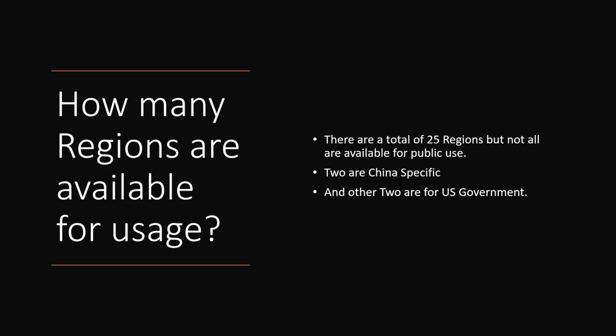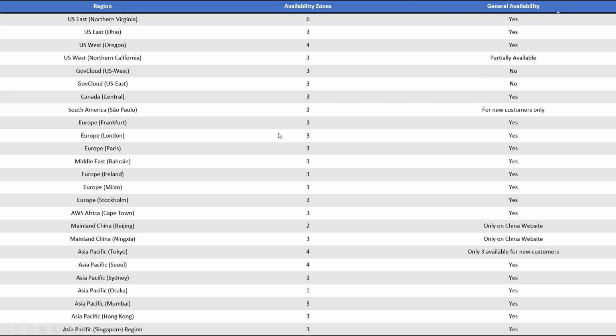In case you want to see how many regions are available to you, you can simply head to your AWS Management Console and see that there. These are the lists of AWS regions which you can have access to. There are a lot of regions, and there are the availability zones.